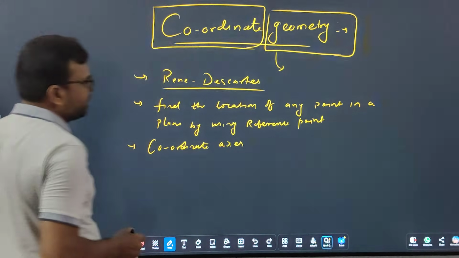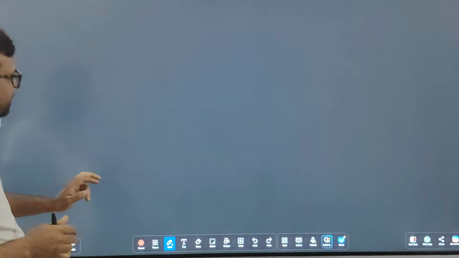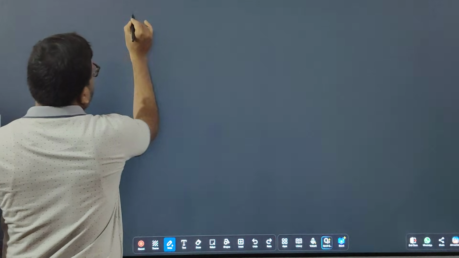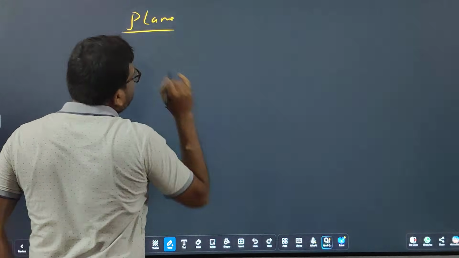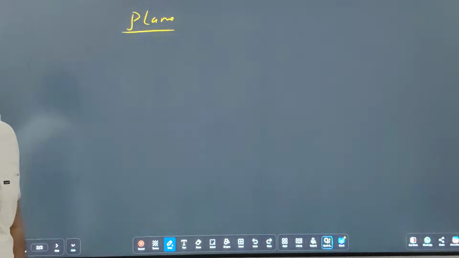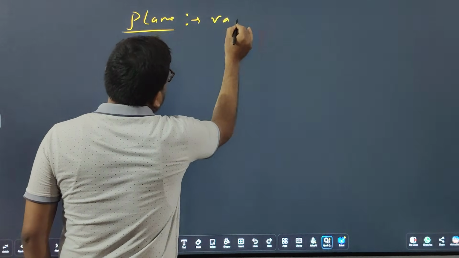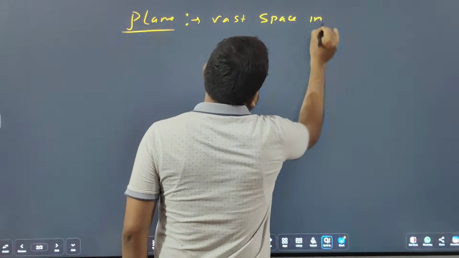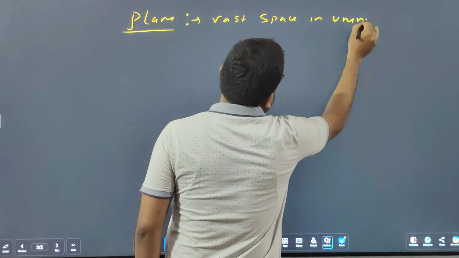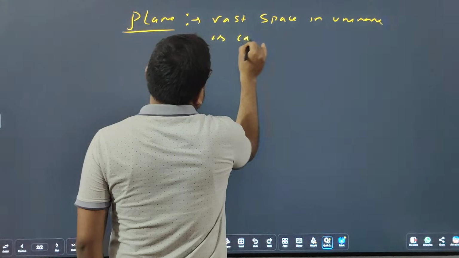Some definitions related to it: first of all, what is a plane? Because we will discuss every point which lies in the plane. So what is a plane, sir? A vast space in the universe is called a plane.